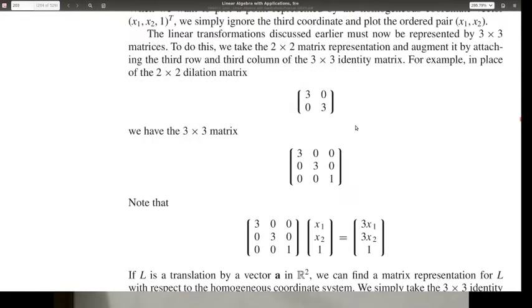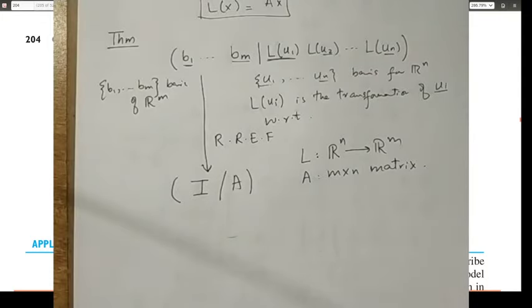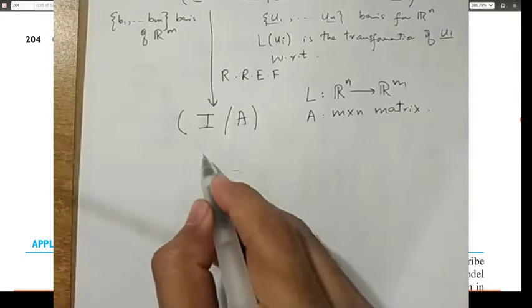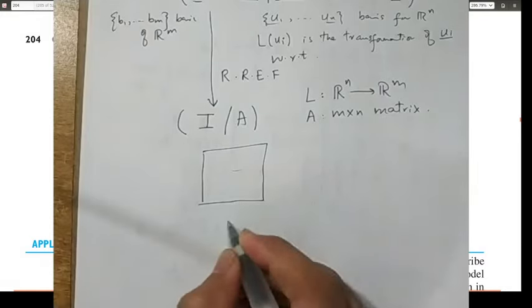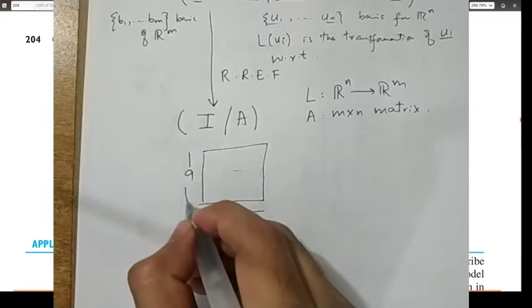Another example is this stick figure representation, and you can think of this as a picture. This is a picture, right? And you can represent this as a 3 by 81 matrix. Let me actually do this for you. Let's suppose you have an image such that you have 9 pixels in this direction and 9 pixels in this direction.